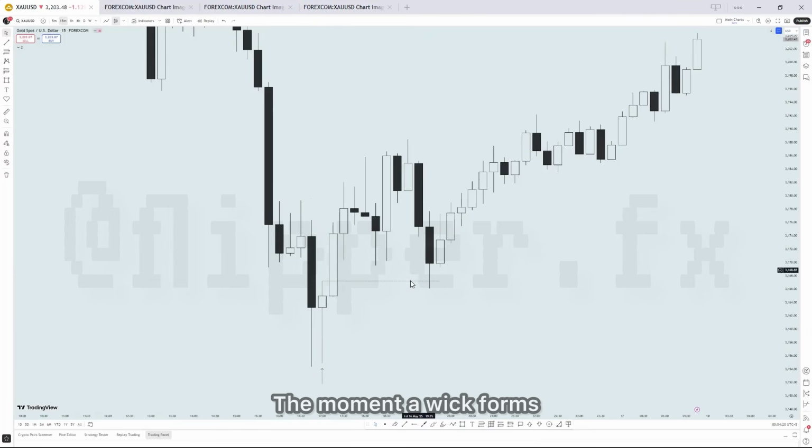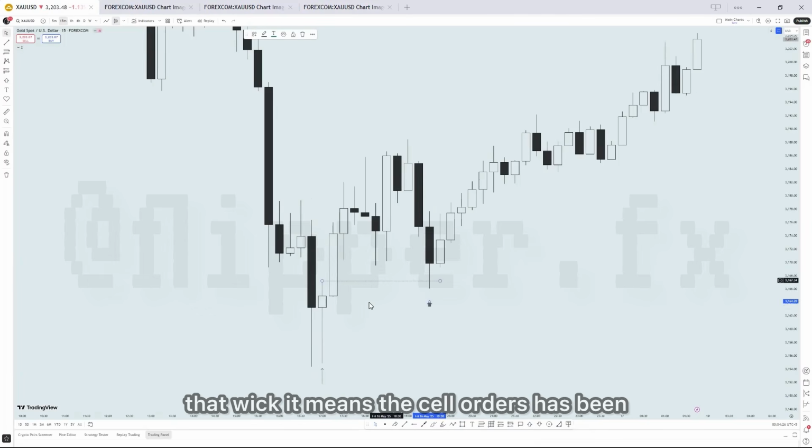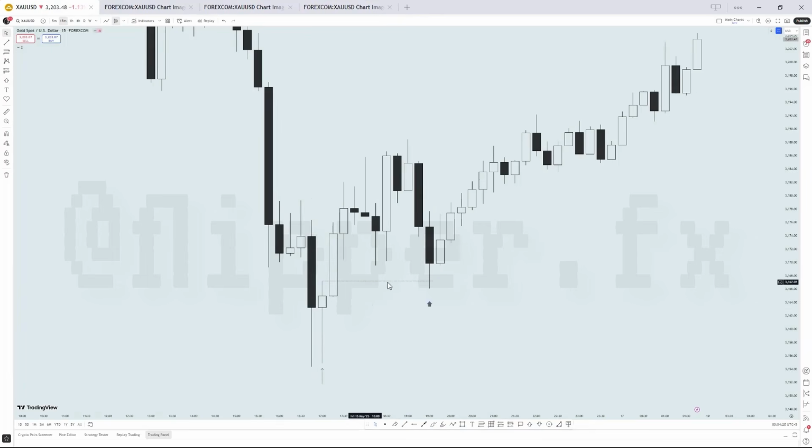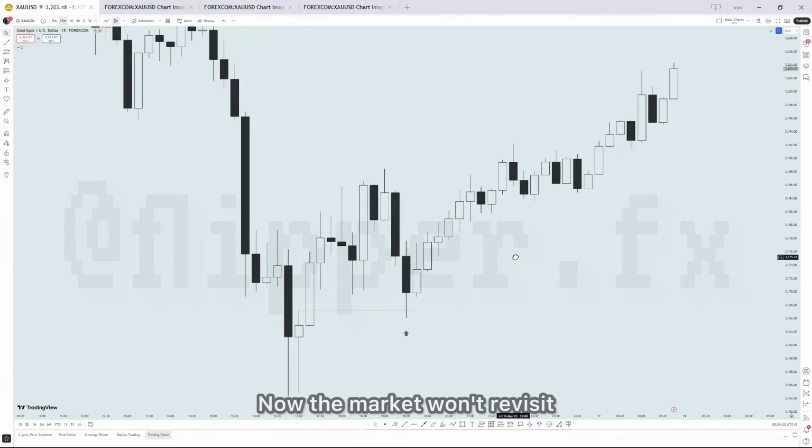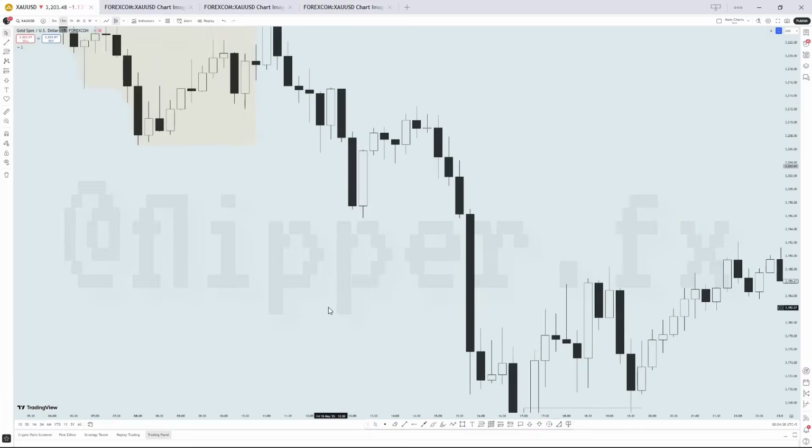The moment a wick forms and the candle closes with that wick, it means the sell orders have been injected there. Now the market won't revisit that area again. It won't even come back to your break even. You won't see any drawdown. The market will go directly to the upside. And that's what I call accuracy.